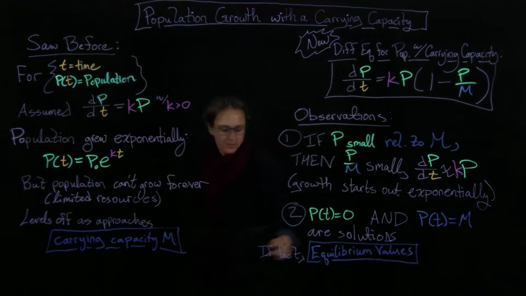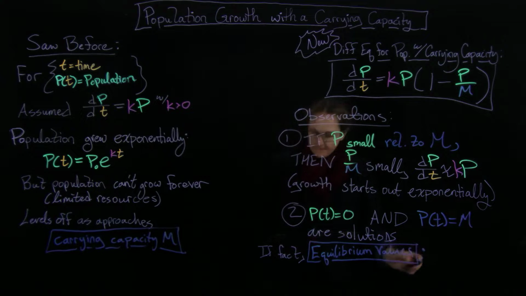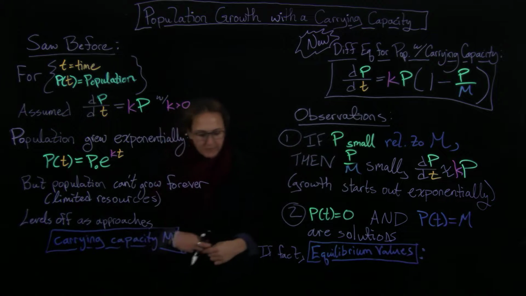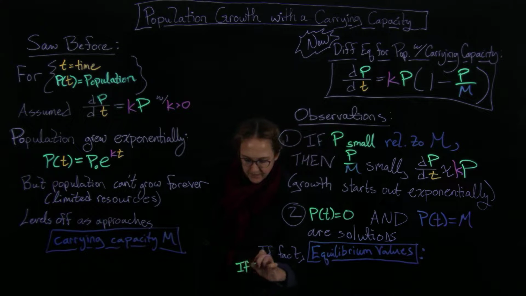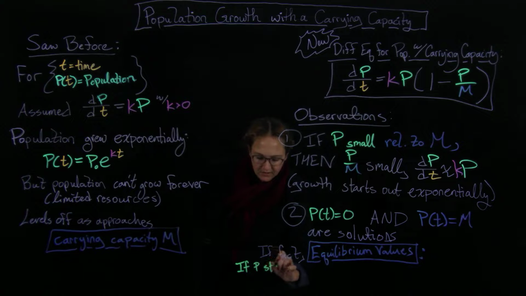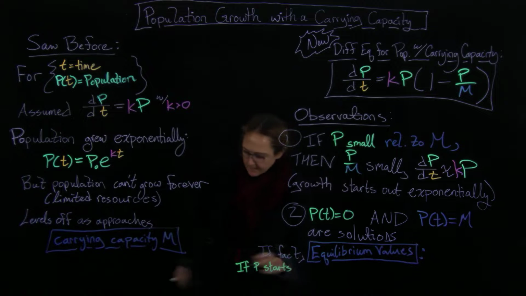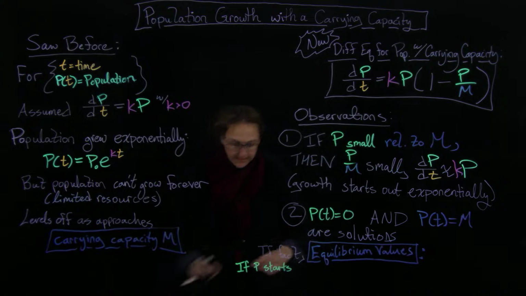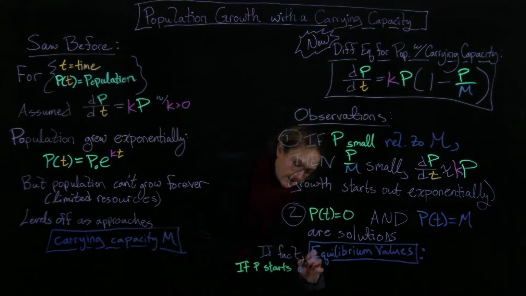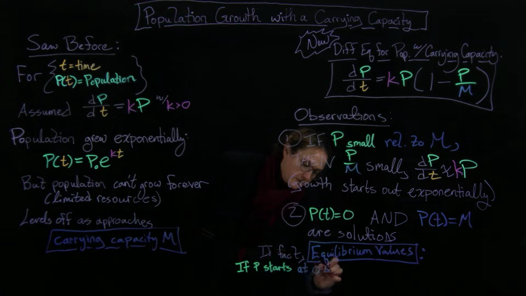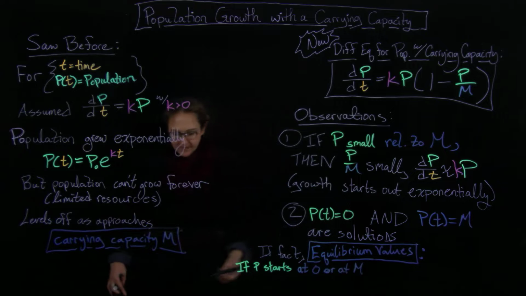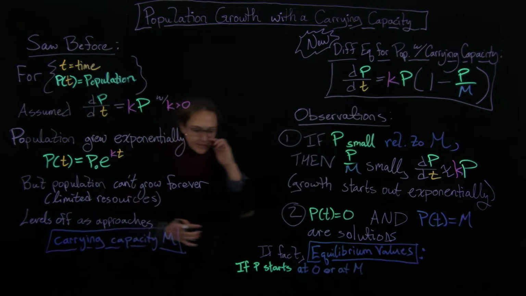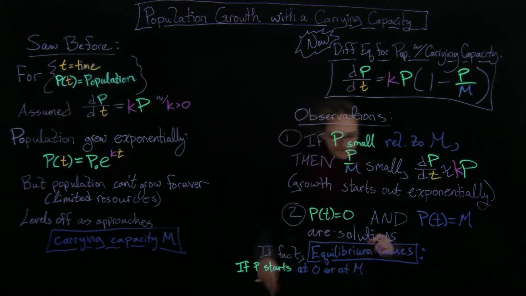Okay, so if P starts at 0 or M, what do I mean by that? We say that if P starts at 0 or at this other equilibrium value at M, well, it never changes from there, right? Then P never changes from that value.